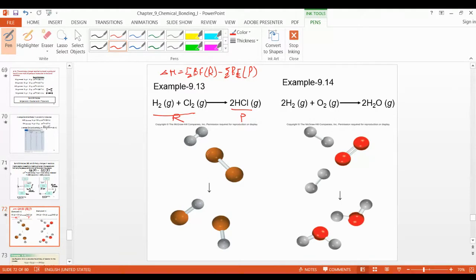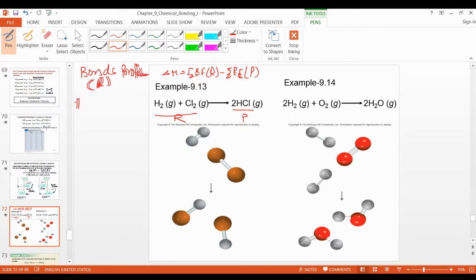Now look at the example here. Hydrogen and chlorine react. This is the reactant, and 2HCl is formed. This is the product. So how many bonds are broken? First of all, I tell you, bonds broken. How many bonds are broken in the reactant?